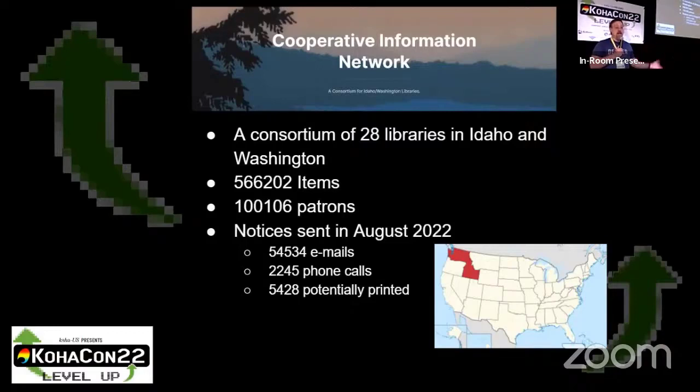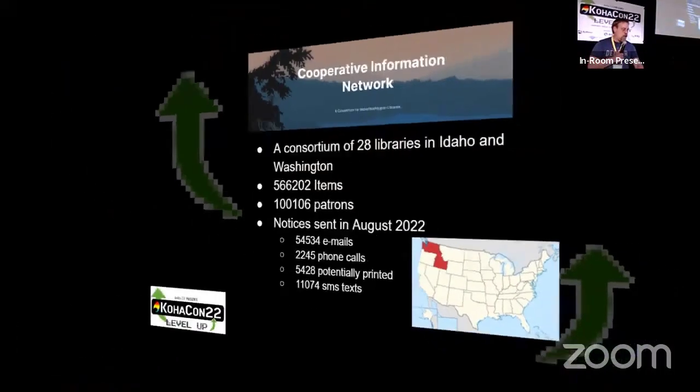That means that they're not getting a phone call, they're not getting a text, they're not getting an email, and so they're just not getting notifications because they don't have any other option that they gave us to notify them. We also sent about 11,000 text messages in that month. So these are all the ways that we have reached out to our patrons in 1 month.